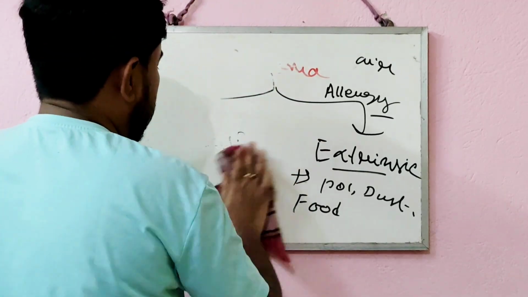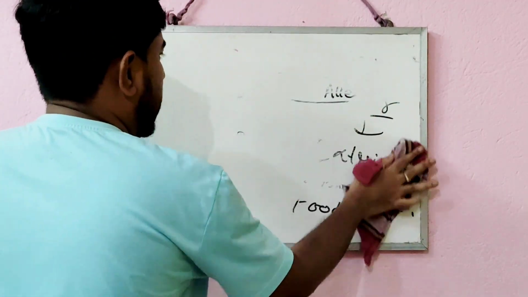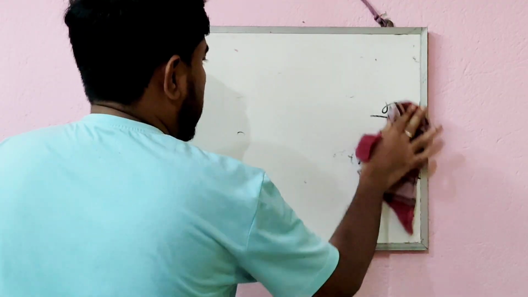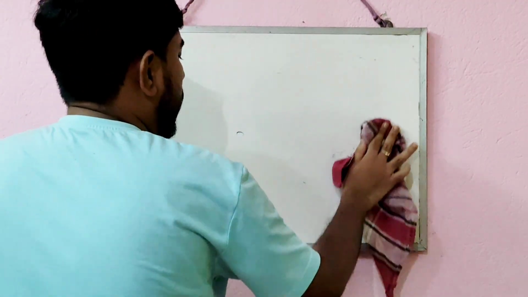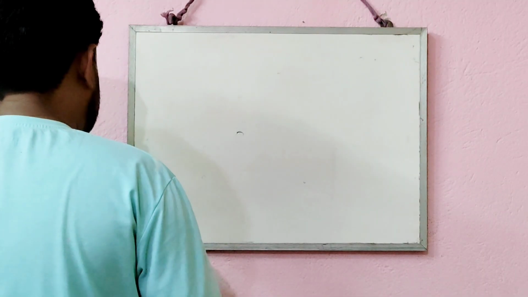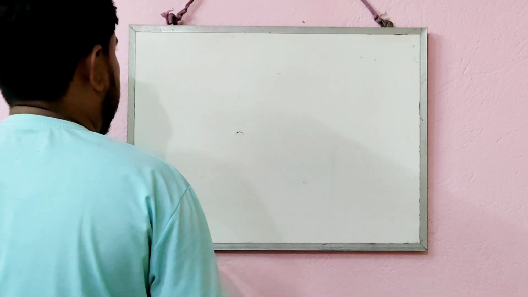So that was a simple introduction about asthma: what asthma is, what the reasons are, and according to the reason how asthma is classified into two parts, intrinsic asthma and extrinsic asthma.